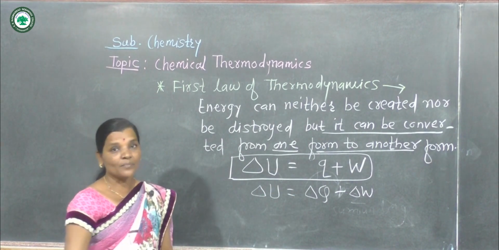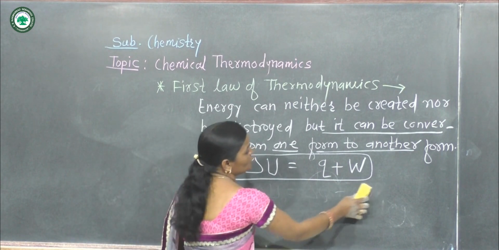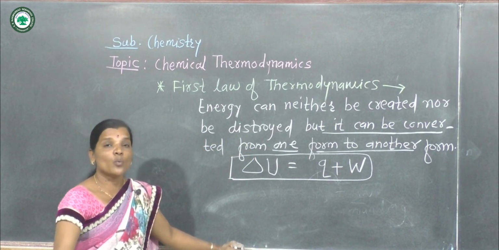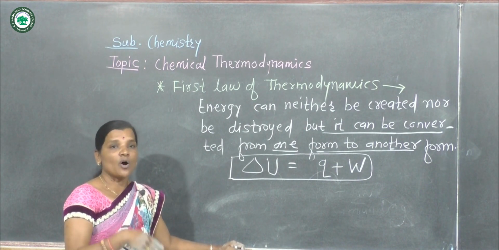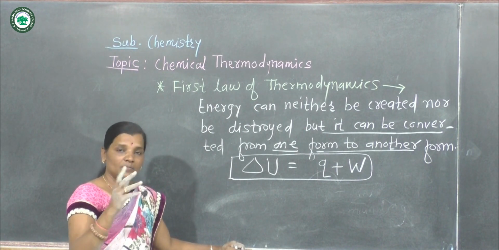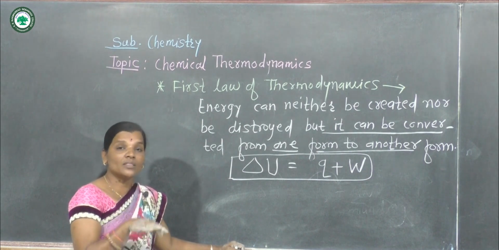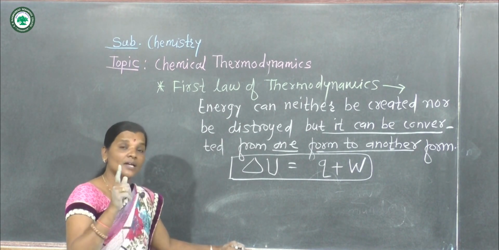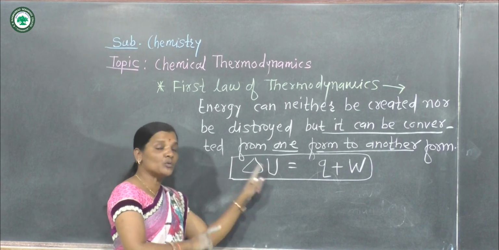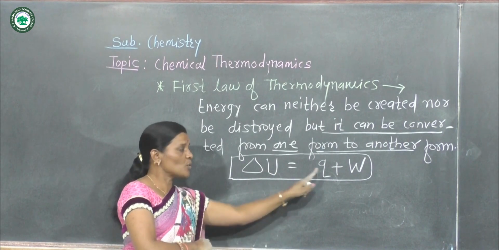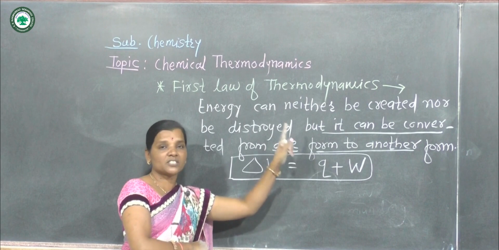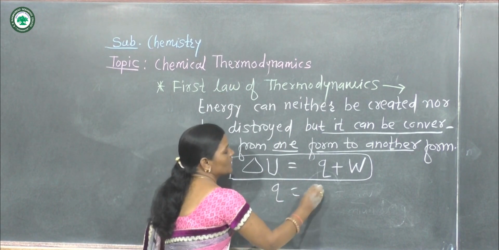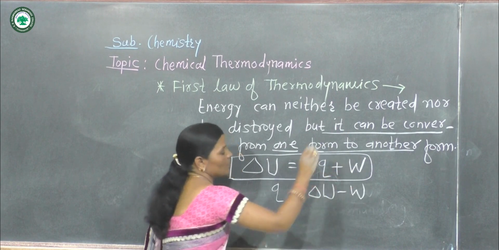That is very important, because we also have to see the sign convention when work is done by the system or on the system. Sign convention is very important, but the mathematical expression we have to write is this only. There is no change in this sign. Q plus W only, or we can write Q is equal to delta U minus W.